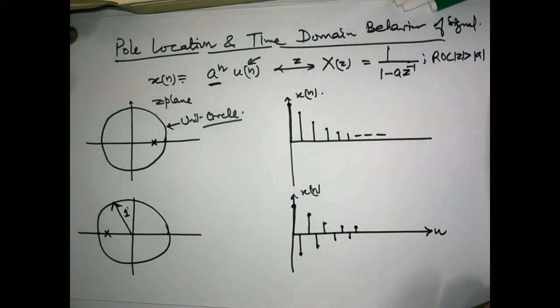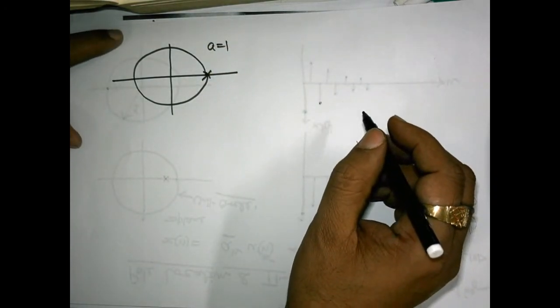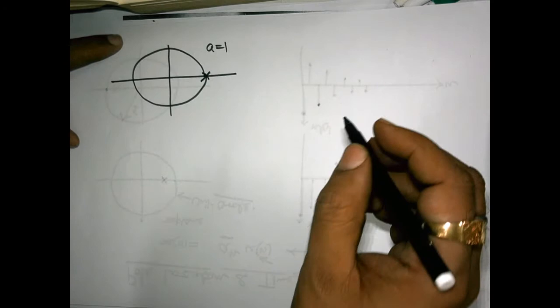Now you see what will happen if the pole lies on the unit circle. If the pole appears on the unit circle, then what will be the shape of the signal? It means a equals 1.